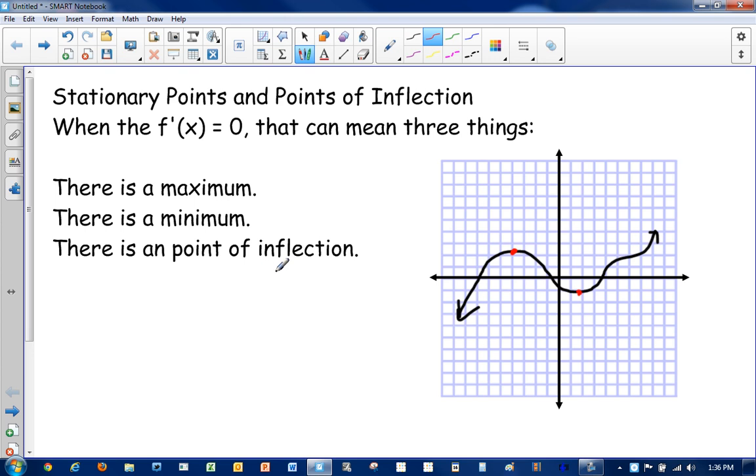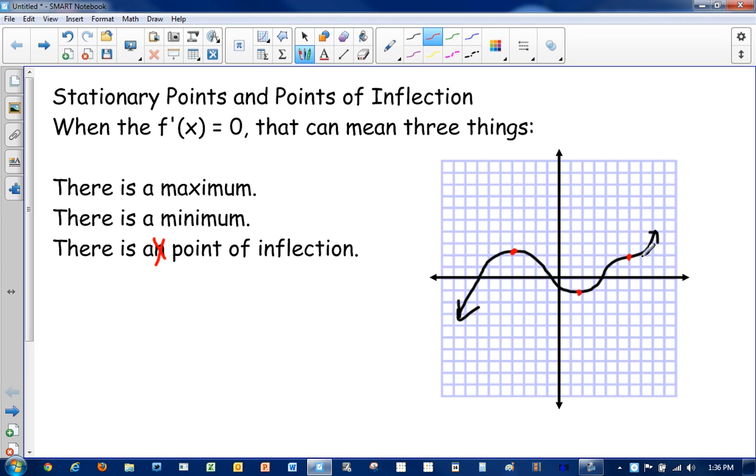And the third thing that could happen is there is a point of inflection. So here is a case where it's increasing and then it stops momentarily, and I could put a horizontal tangent line there, but then it continues to increase. So that's not really a maximum or a minimum, but I do need a name for it. It's called a point of inflection.